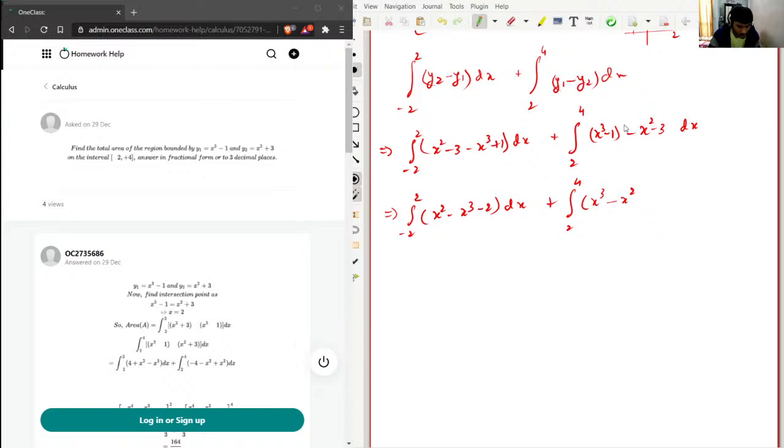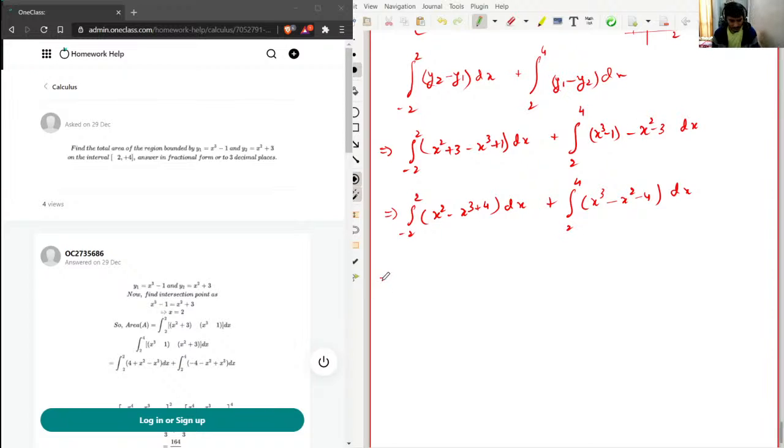So for y2 it was plus 3, right? This should be plus, so plus 3 plus 1, this should be 4. And here we'll get minus 4, and dx.